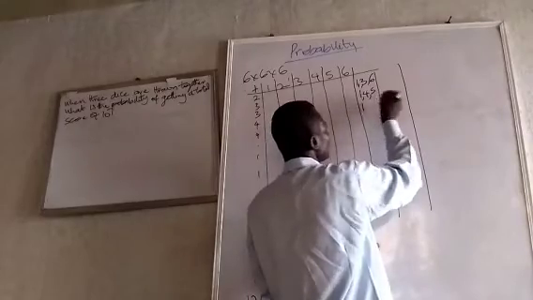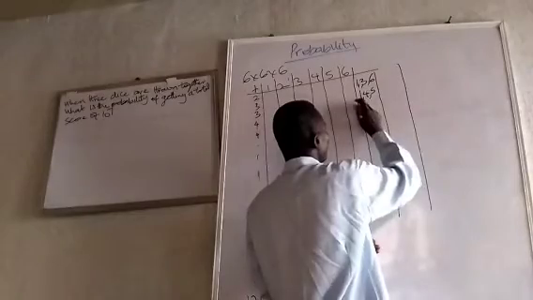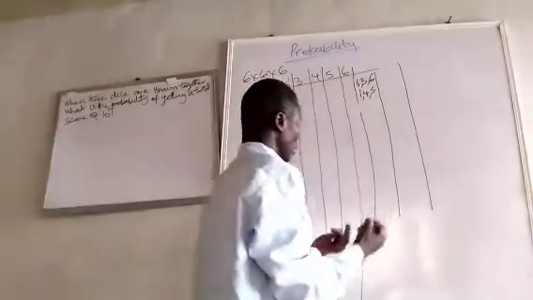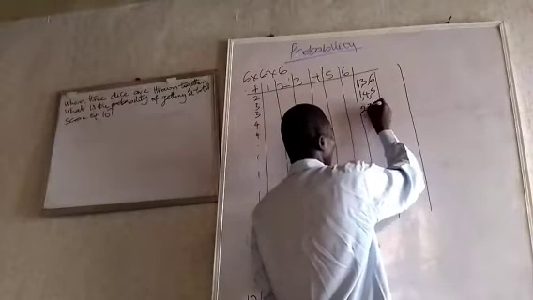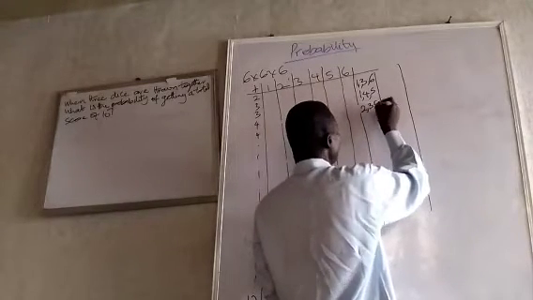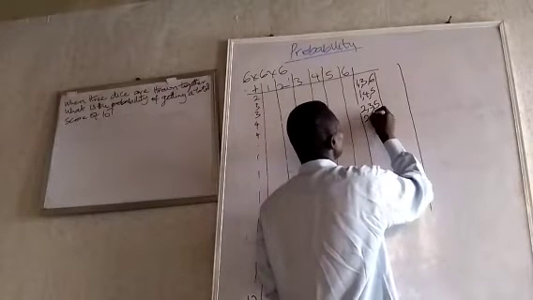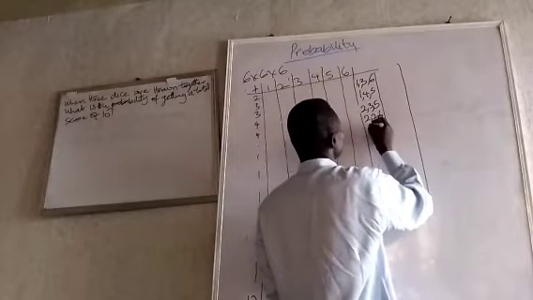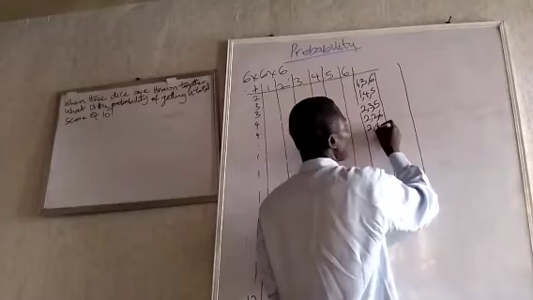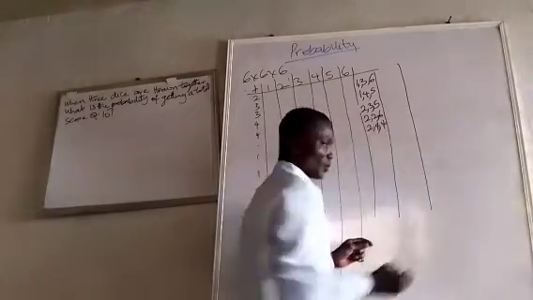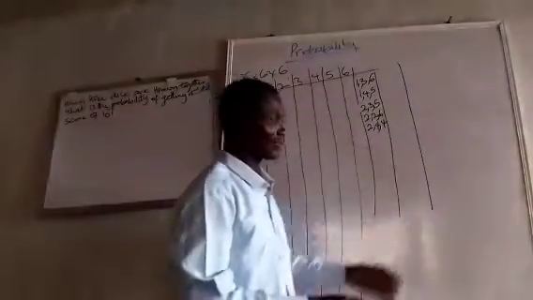Now let's go to 2: 2, 3, 5; 2, 2, 6; 2, 4, 4. Yeah, 2, 4, 4. And the same way till I get every other one.